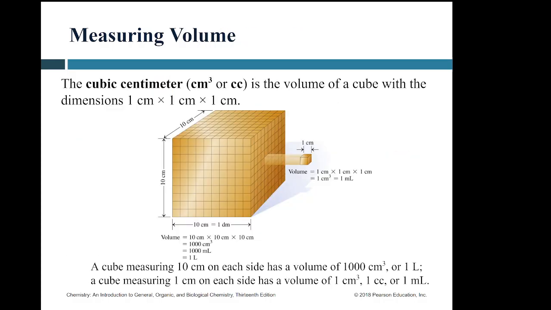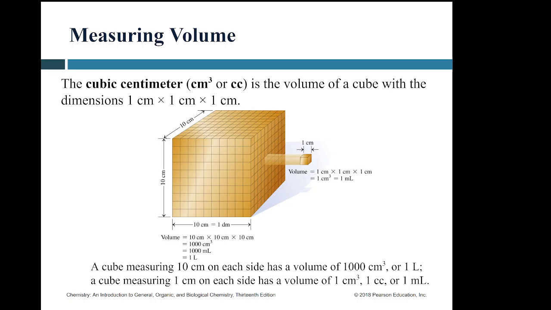So this right here is measuring volume. We have the cubic centimeter, or cc, and this right here is 10 centimeters on each side. That's a decimeter. If you took this cube, does anybody know what that volume would be? It is 1 liter.